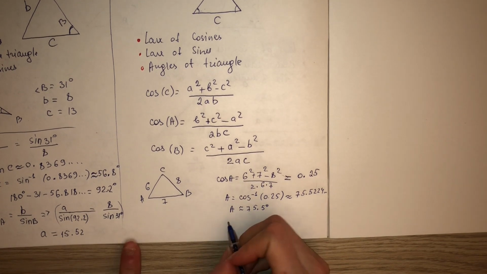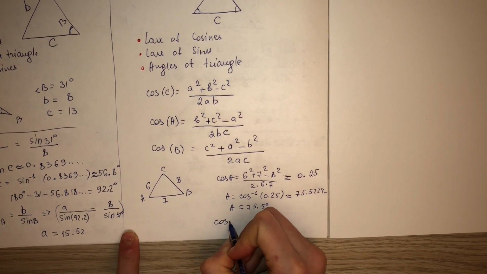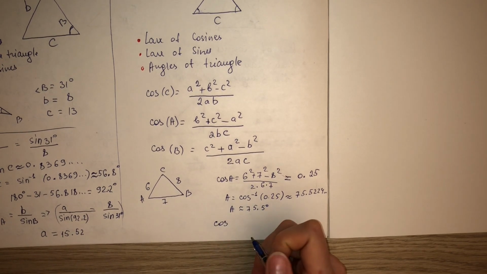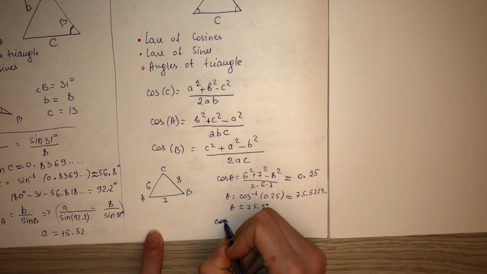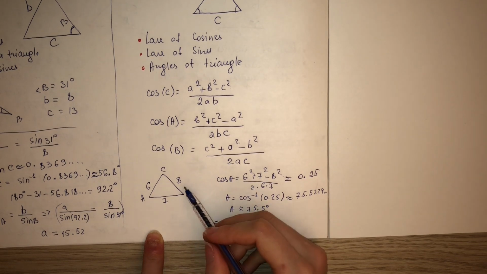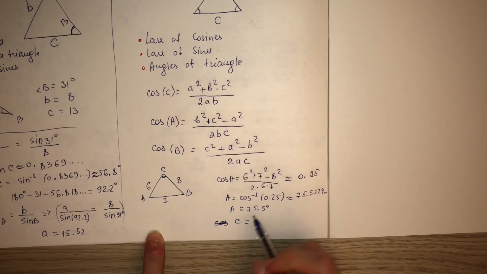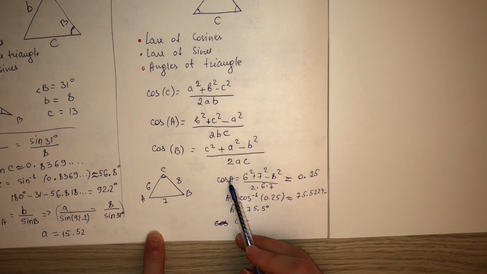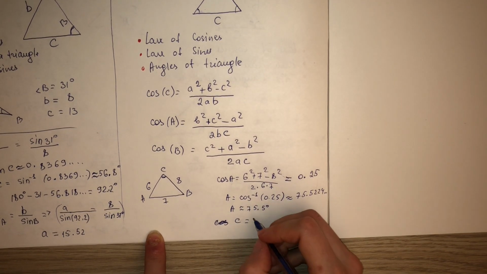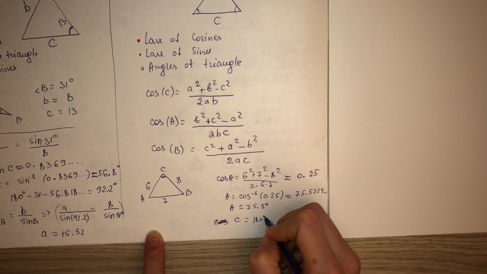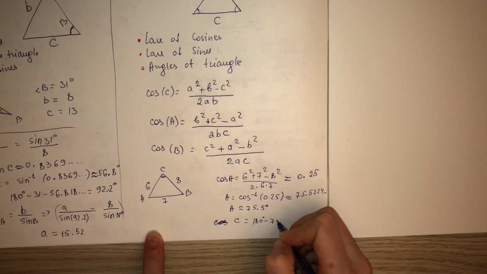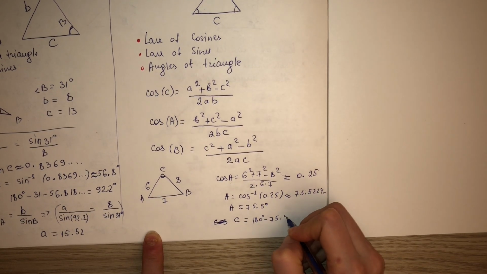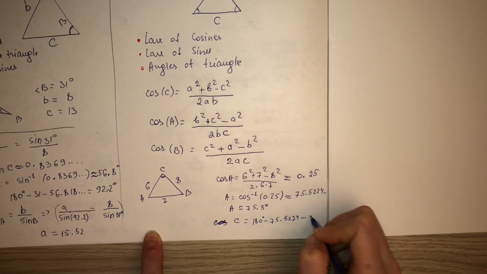We can also find angle C by plugging into the formula for cosine C. And here we get 180 minus 75.5224 and so on.